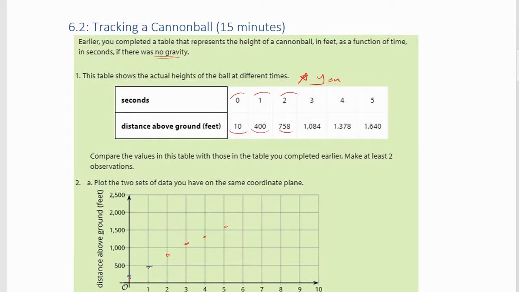I'm trying to remember. I'm scrolling up. 416. Okay, so that's that one. And the 822, it's somewhere around here, right? The 1228, somewhere around here. The 1634, whoa, it's like right up there.